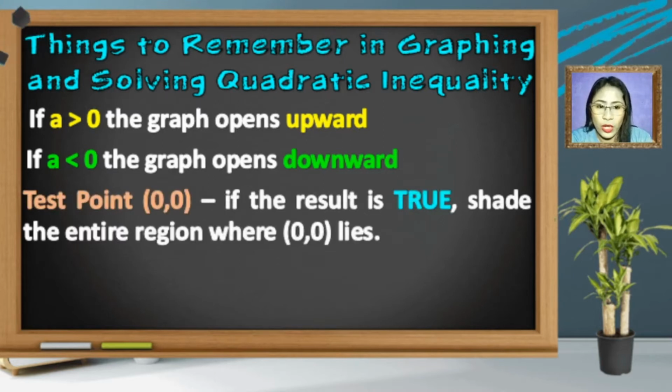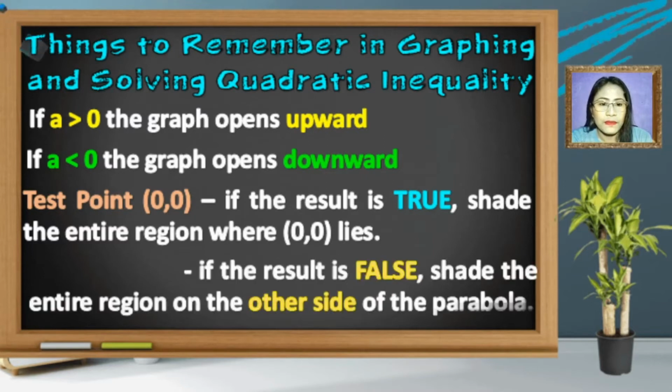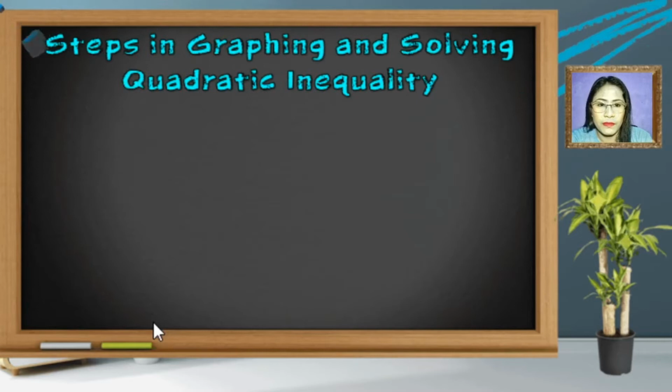And we have the test point 0, 0. If the result is true, shade the entire region where 0, 0 lies. And if the result is false, shade the entire region on the other side of the parabola. So, makikita natin yan how to shade mamaya sa ating mga example.